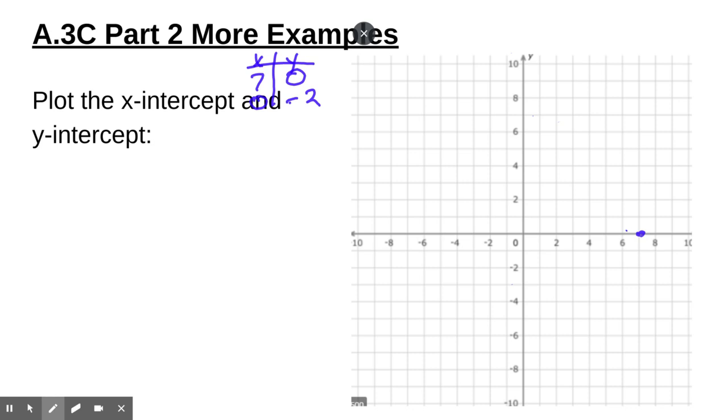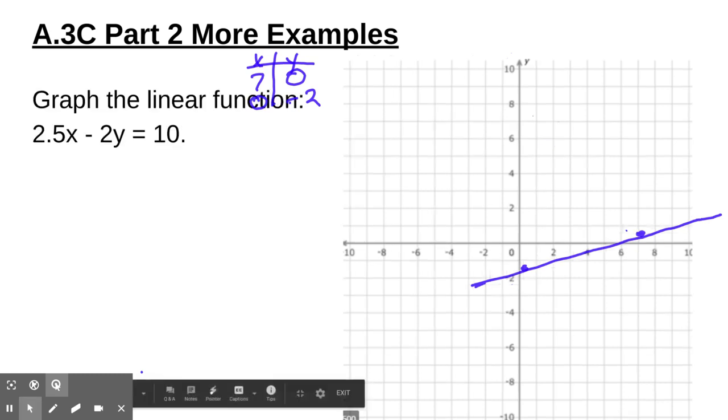And we said x is 0 and y is negative 2. And that would go here. And if we were to draw the graph, draw the line, it would look something like that. That's all they wanted you to do. Okay, let's go to the next page.